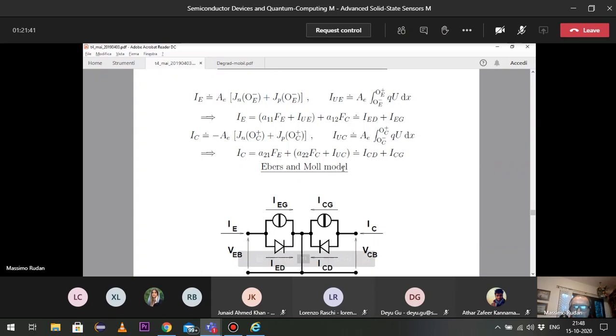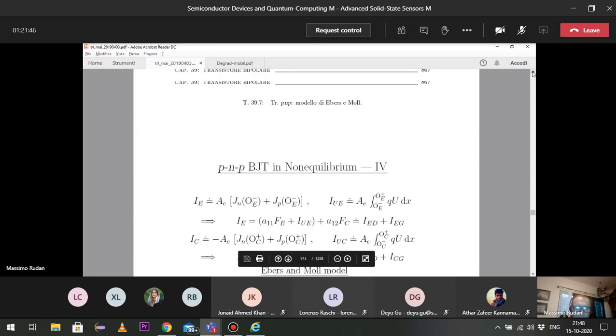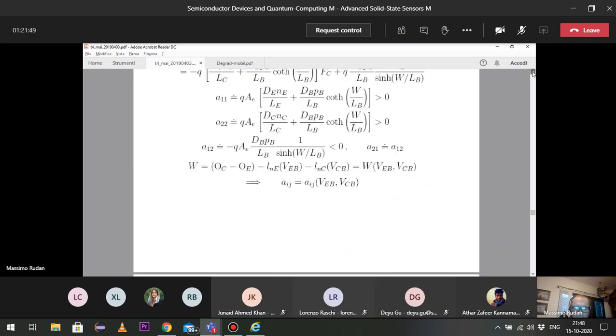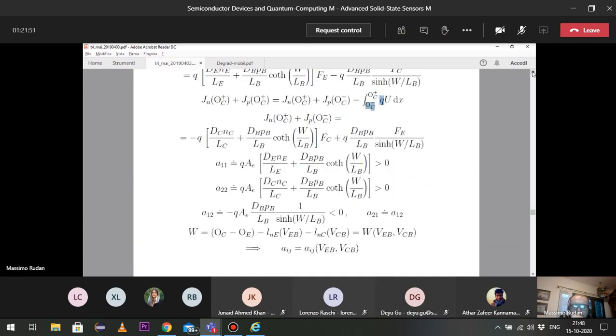Also, again, when W is large with respect to LB, we also have a limiting case in A11 and in A22, because we have the hyperbolic cotangent of W over LB, okay? So you remember the hyperbolic cotangent is the hyperbolic cosine over the hyperbolic sine, okay?